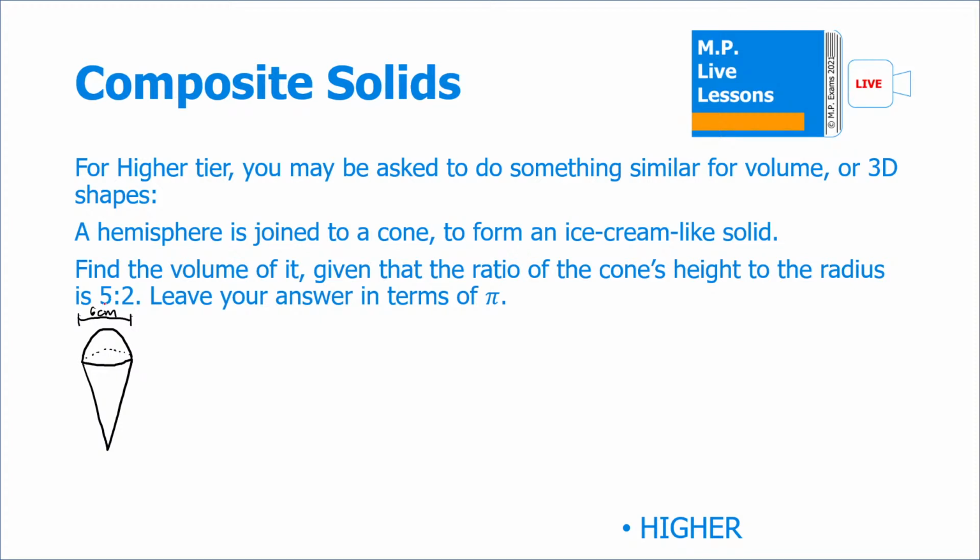So the radius of this hemisphere is half of this diameter, so radius is 3. So the cone's height to the radius is 5 to 2. And we know the radius is 3. So we multiply by 1.5. We get 7.5 for the height.